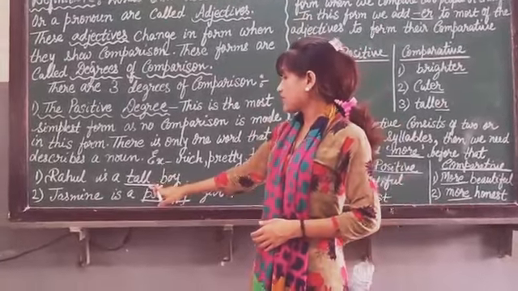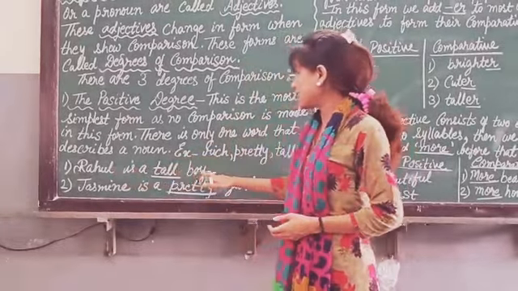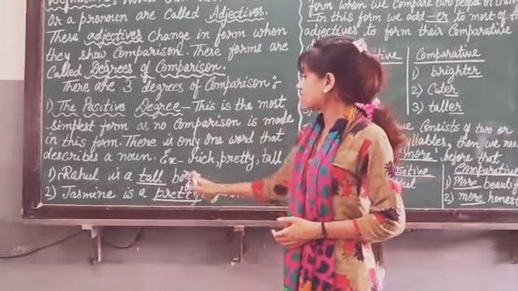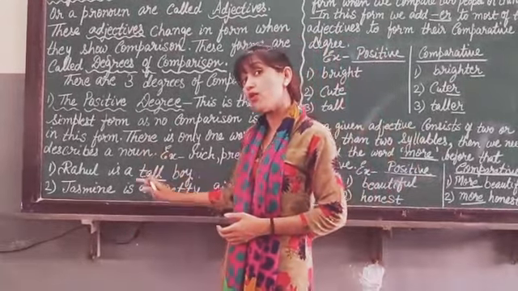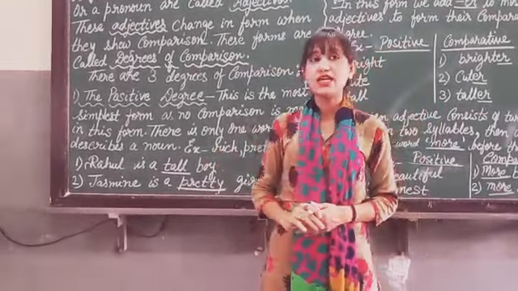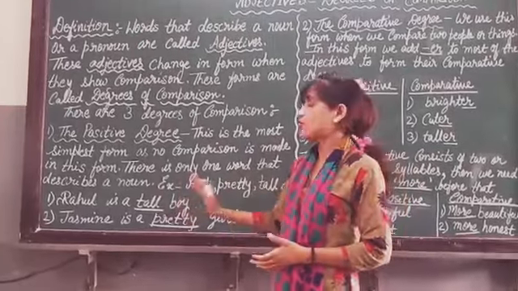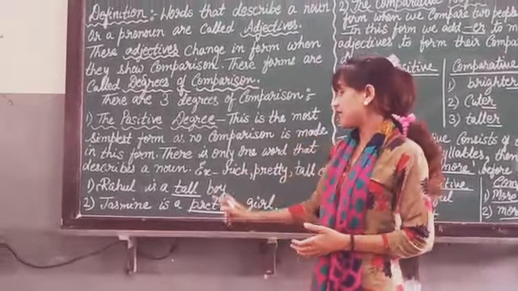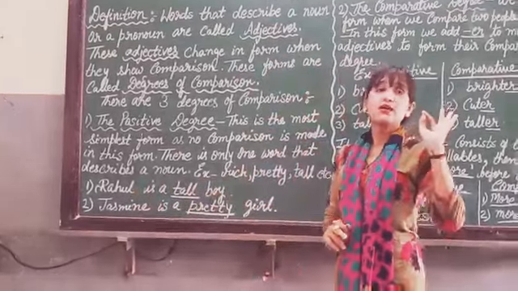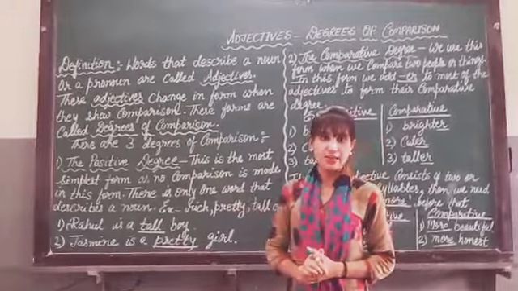This is the only adjective in the whole sentence which is describing the boy, hence we say that this is a positive degree, because you can simply identify the adjective. In this sentence, tall is the only adjective being used, hence this comes under positive degree.